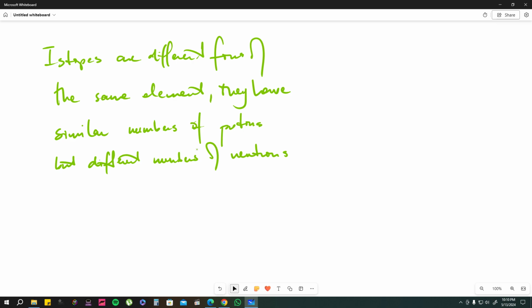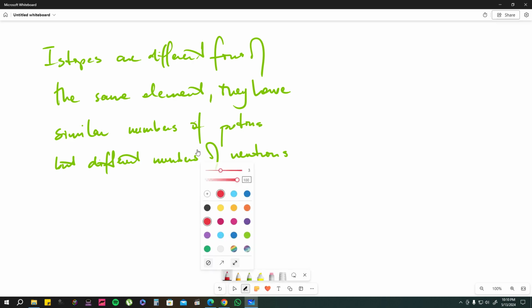The most common isotope that comes to mind is carbon-12 and carbon-14. Carbon-12, if memory serves, I should switch this color.